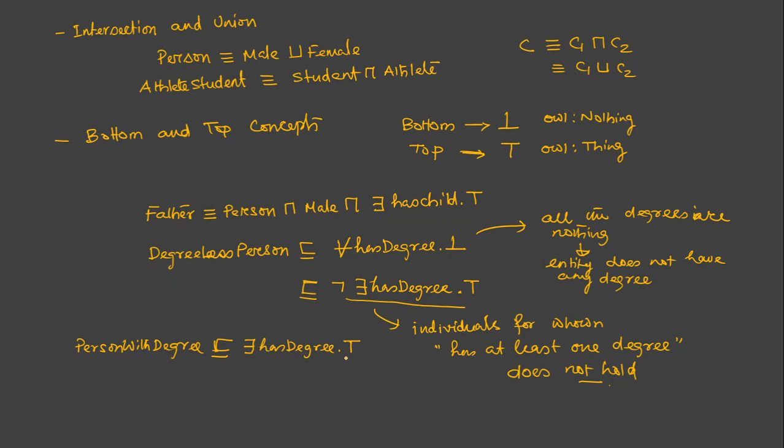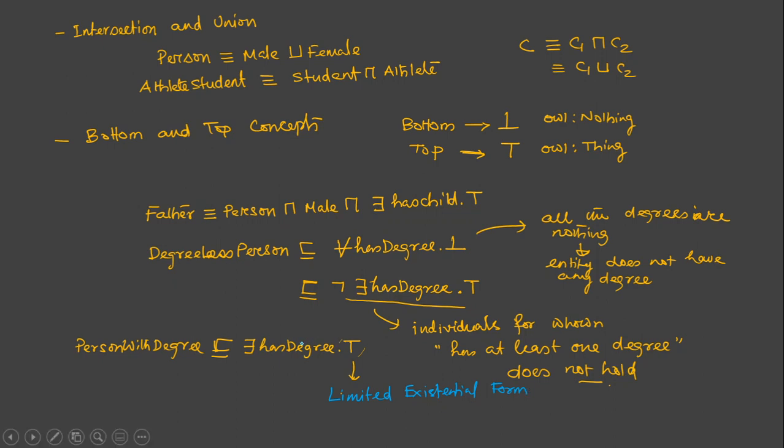Now using this top concept or bottom concept, what we call as limited existential form. So this is a very special case of using this existential form. So this is what we call as limited existential form, right?